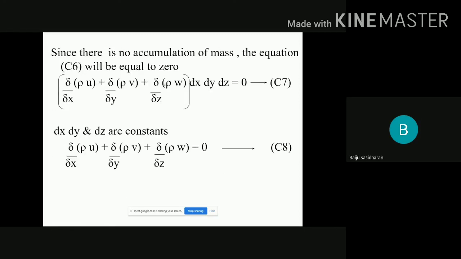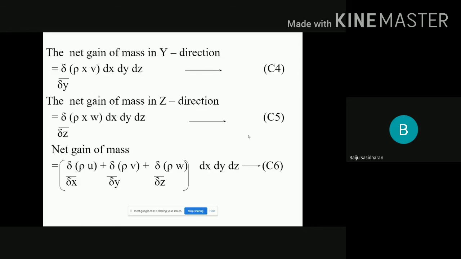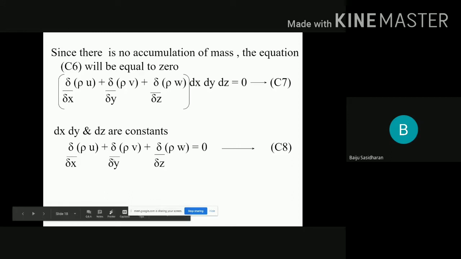And since there is no accumulation of mass, as per the law of conservation of mass, equation C6 becomes dou by dou x of rho u plus dou by dou y of rho v plus dou by dou z of rho w, into dx dy dz, is equal to 0.